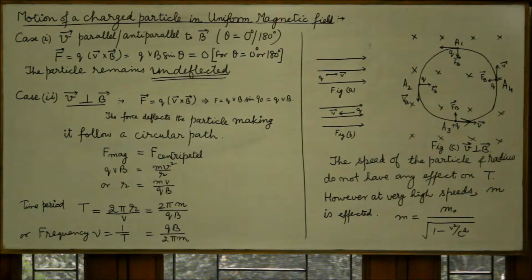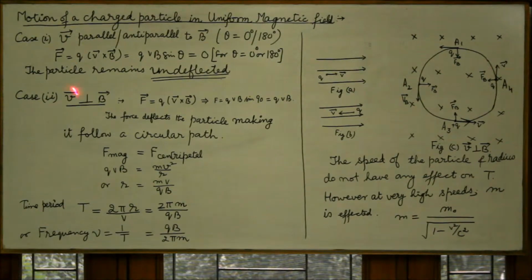The Lorentz magnetic force on the particle is given by q v cross B, which means qvB because theta happens to be 90 degrees, V perpendicular to B, you should remember this.